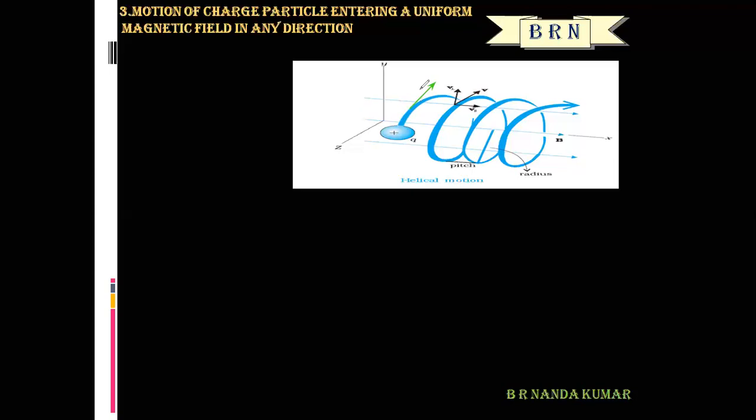So this is the direction of velocity, making an angle theta with the direction of the magnetic field. So theta is the angle made by the direction of velocity of the charged particle and the direction of the magnetic field.